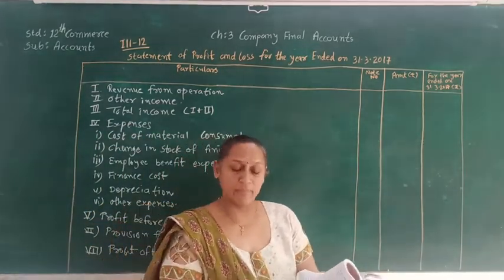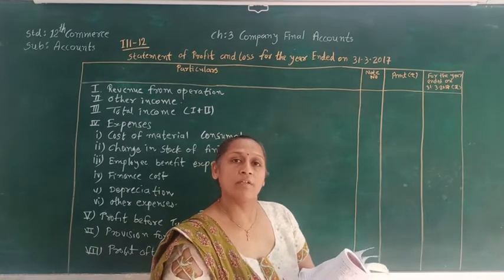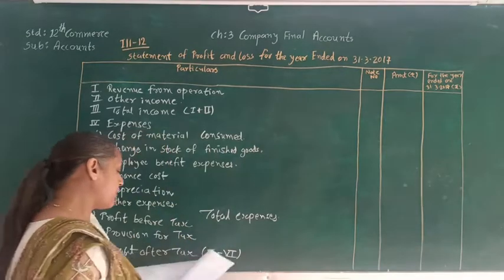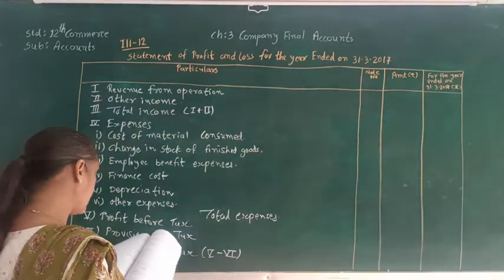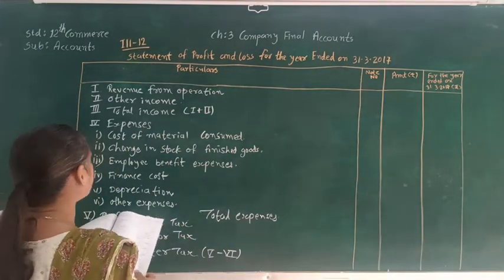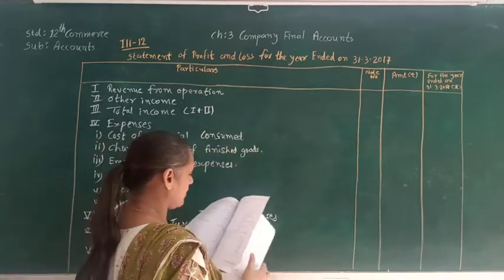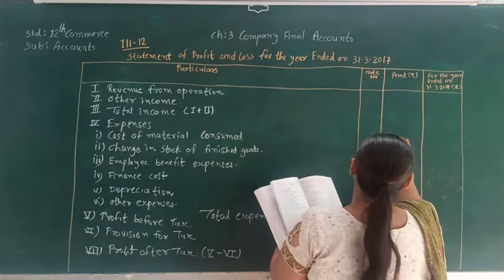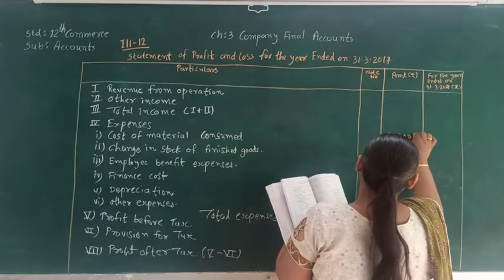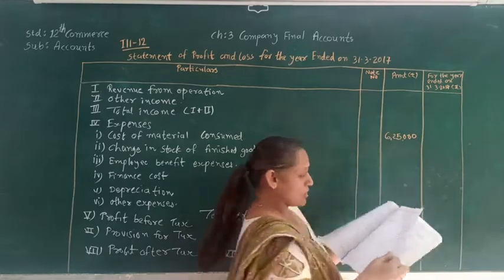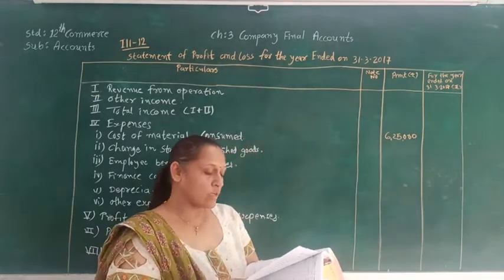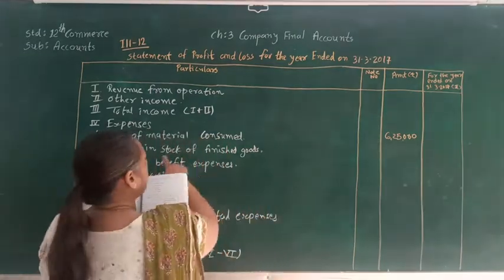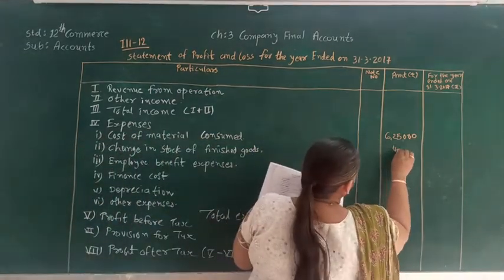Now let's put in the balances of the profit and loss that are given in the sum. The very first balance given to us is cost of material consumed. So here we will write the total amount, 6,25,000. Afterwards, the next balance given to us is change in stock of finished goods, and it is 40,000.